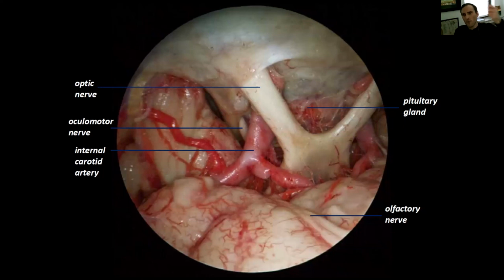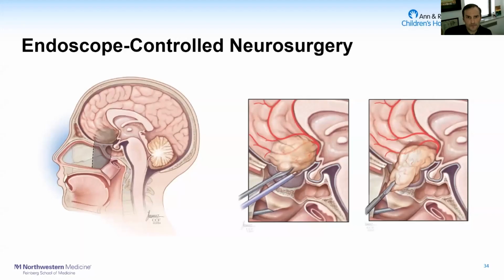So usually you have one hand working the endoscope and you have one hand working an instrument of some kind, whether it's a suction or a bipolar or a dissector. So, I would be hesitant to do a full surgery like this with just an endoscope, although some people do surgeries like this without a microscope. So that is an example of an endoscope assisted.